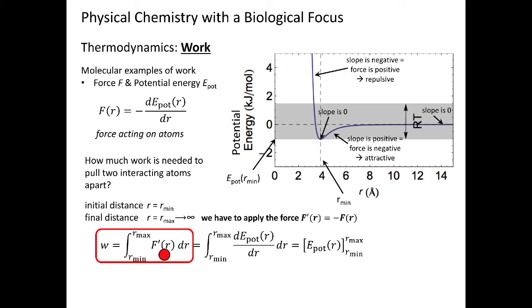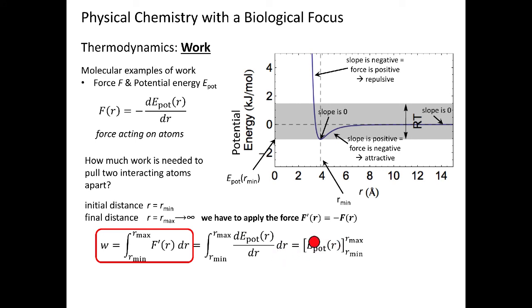We have to integrate over the applied force F prime, which is the negative of the force that is exerted by the potential. We plug everything in. F prime is a negative of the force. The force itself is a negative derivative of potential energy. That means that F prime itself is simply the derivative of potential energy. But we are taking the derivative of potential with respect to dr, and then we integrate over dr.